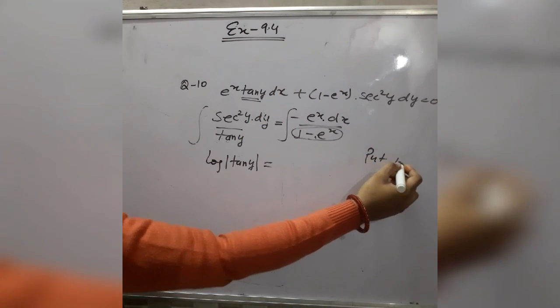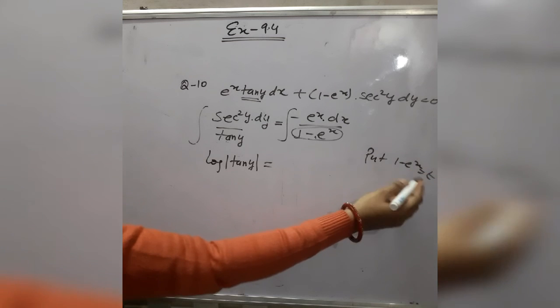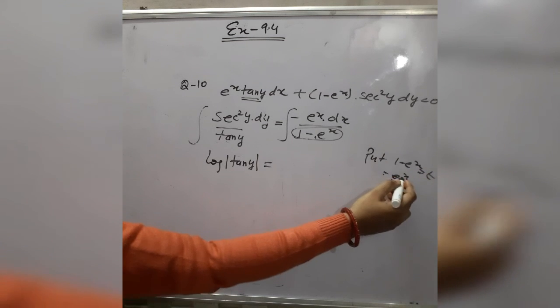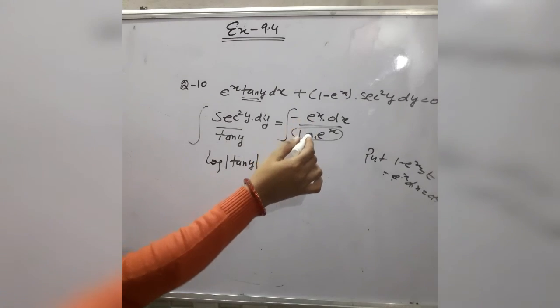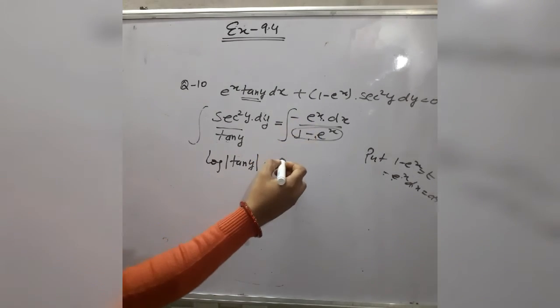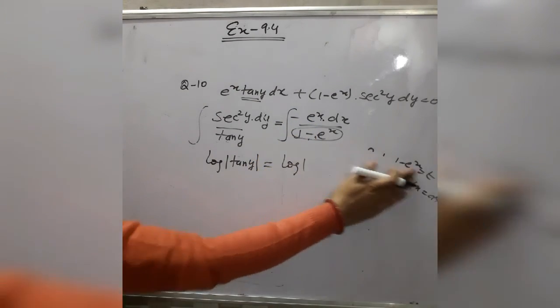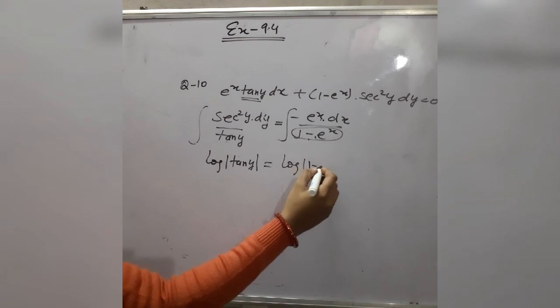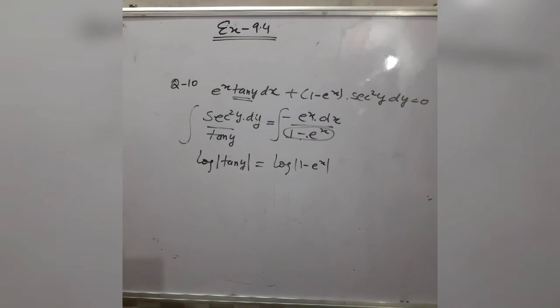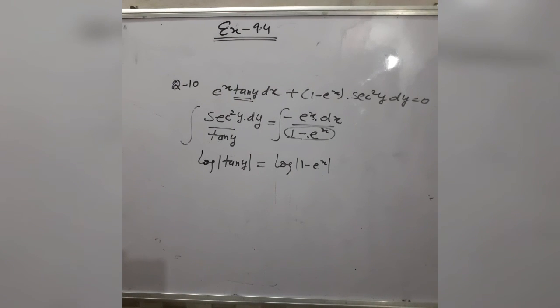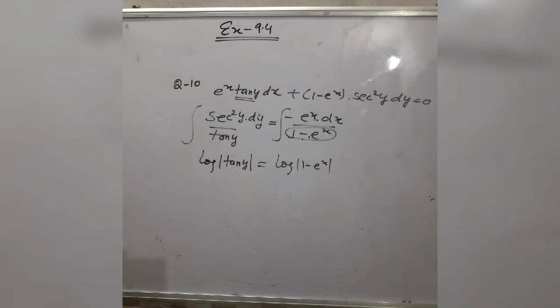If you put 1 minus e raised to power x equal to t, taking the derivative on both sides, minus e raised to power x into dx equals dt, so it becomes dt by t, and the integration of 1 by t is log t, and in the next step in place of t we put the value of t, which is 1 minus e raised to power x. So the integration will be log 1 minus e raised to power x plus the integration constant.